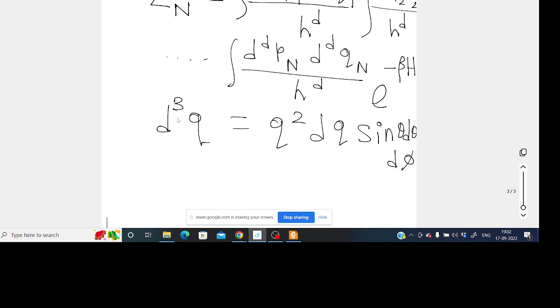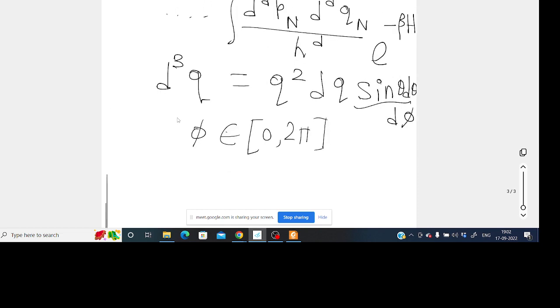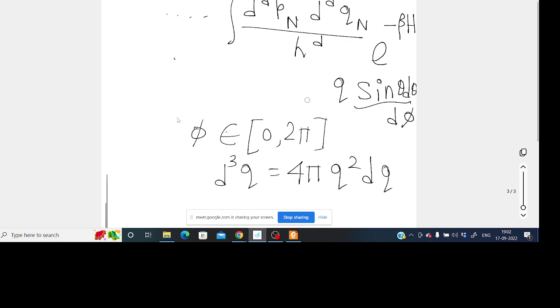Now if you integrate over theta from 0 to pi, it will give you 2, and phi runs from 0 to 2 pi, giving 2 pi. If you integrate the theta and phi coordinates, then you will get 4 pi q squared dq. I'm not going into these details.